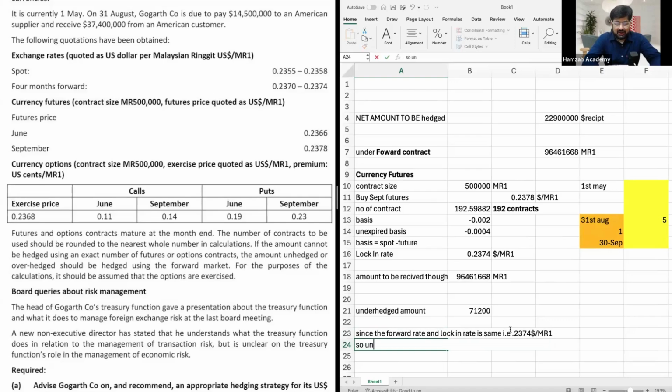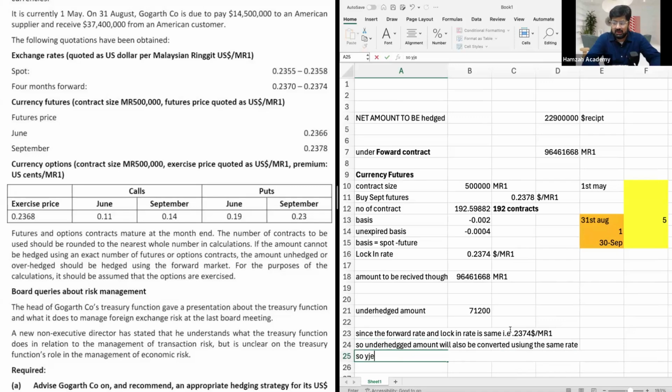So the under-hedged amount will also be converted using the same rate.